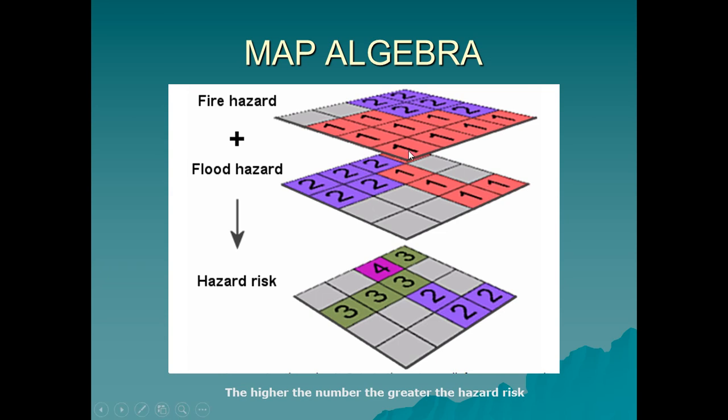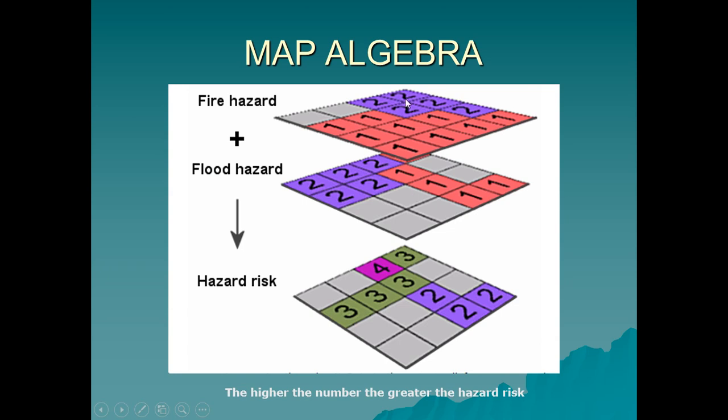So 1 would be a level 1, 2 would represent a higher level of the hazard. Now what we would do is we would mathematically relate them to each other. In this case, we want to add them together in order to derive a flood and fire hazard map.